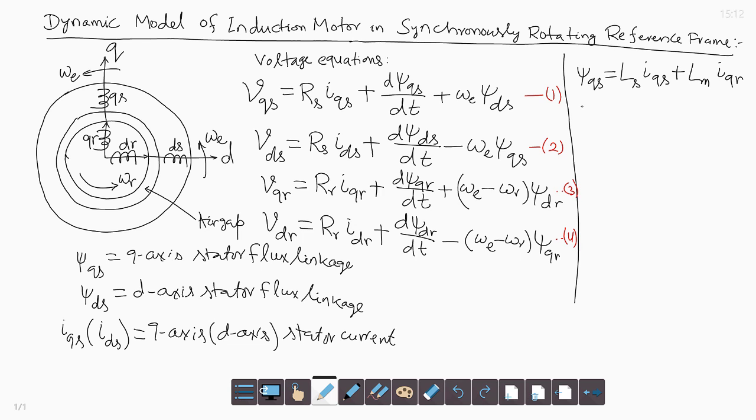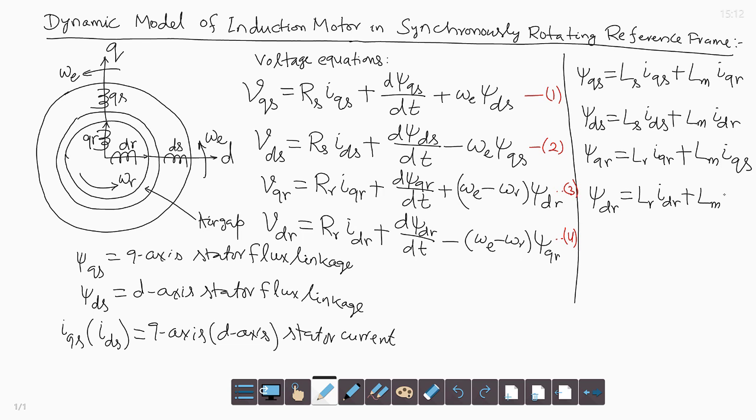And psi ds is similarly Ls Ids plus Lm into Idr, and psi qr is Lr Iqr, the self flux due to the q axis rotor winding, plus mutual flux from the q axis stator winding, and psi dr is the self flux Lr Idr plus mutual flux Lm Ids.